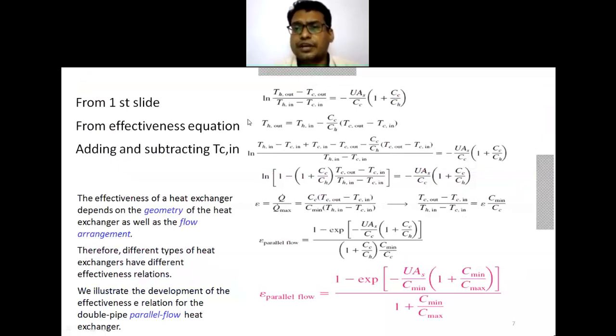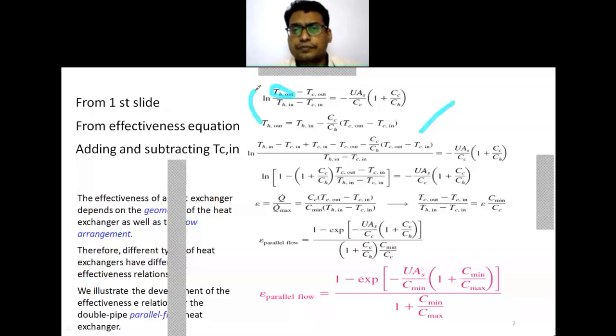This equation I am substituting here, this second equation. Then substituting the value of Th out from this equation, it will be substituted as this terminology here.